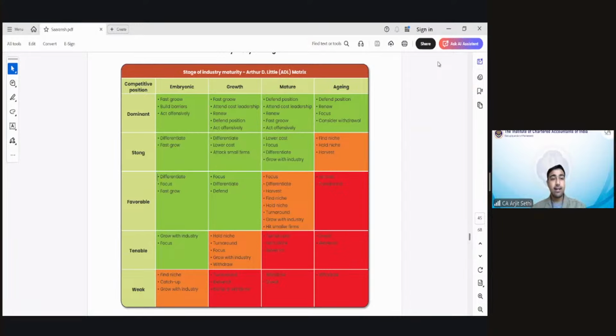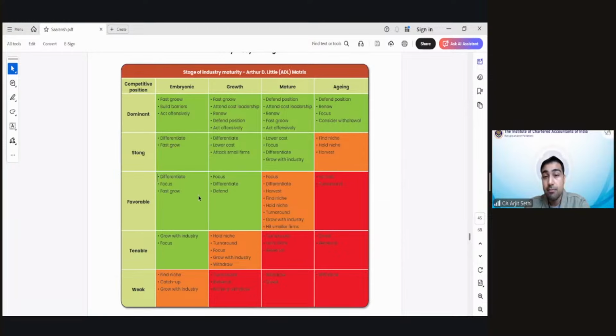My product life cycle is growth. Now I have to make my position from tenable to favorable and then strong. Absolutely, Kavishar, what you're saying is absolutely right. But you have to give answers based on what's written in the box, okay? So I have to move to a favorable position.